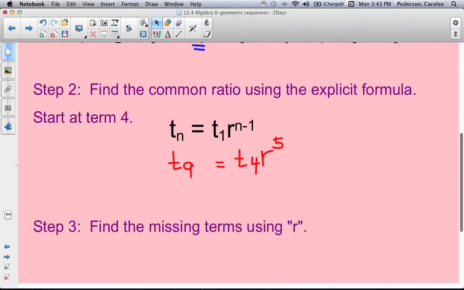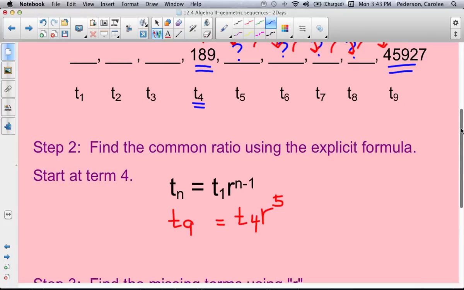Now let's substitute in the values we know. So we come back up here. Term 9 was 45,927. Term 4 was 189. And then r to the 5th power.